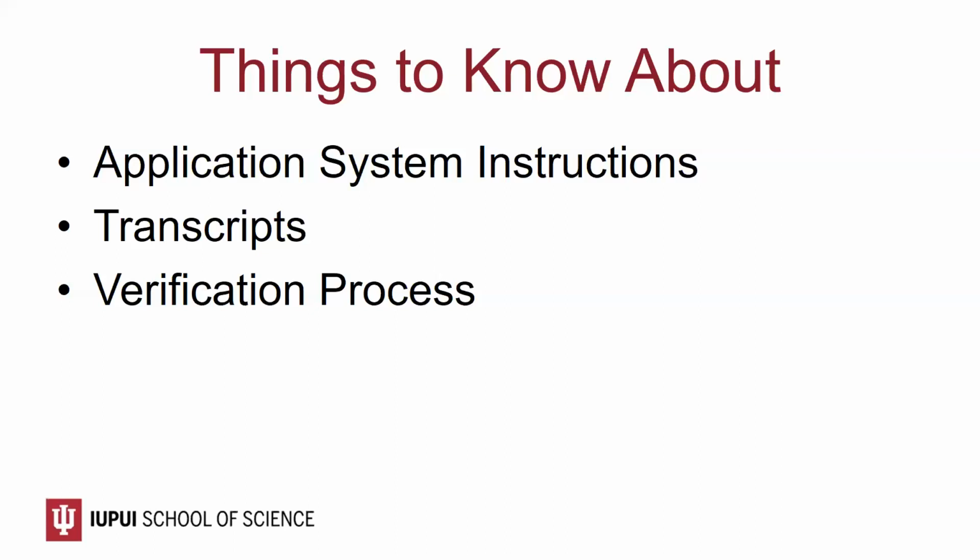This can only be done with the information when it is digitally entered into the application and cannot be pulled directly from a PDF. However, AADSAS is responsible for ensuring the information that you submit into the application is accurate and matches the information on your transcripts, hence the verification process. We'll talk a little bit more about course entry and the verification process when we get to that section of the application.